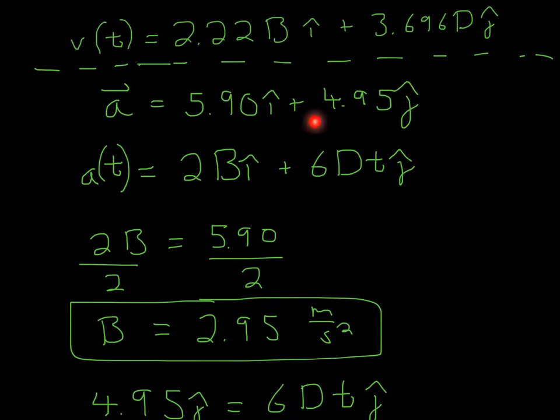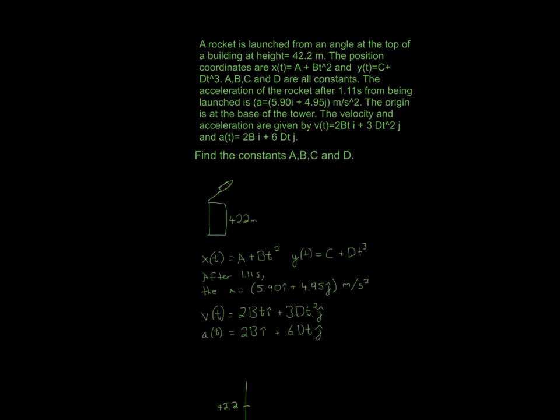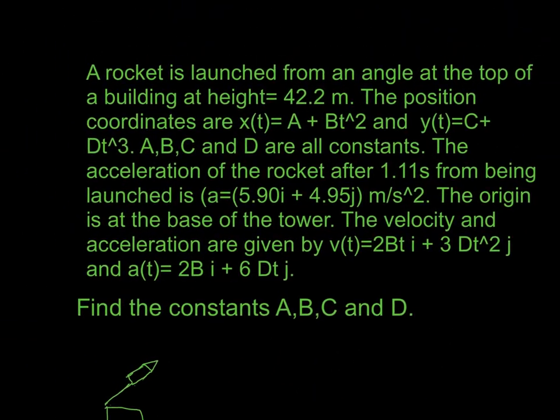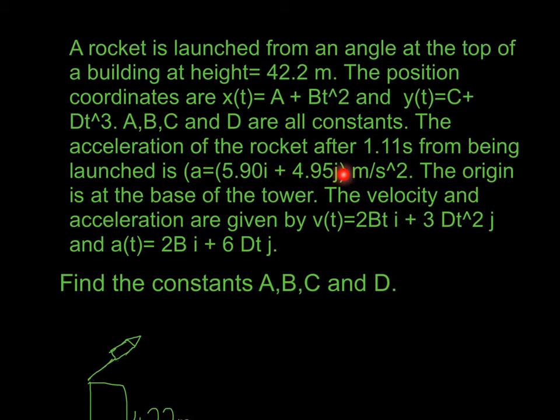So here, if you remember from the problem, I can actually show it. In the problem, it says that this equation is given at 1.1 seconds. This is the acceleration after 1.1 seconds, the x and y components of that acceleration.